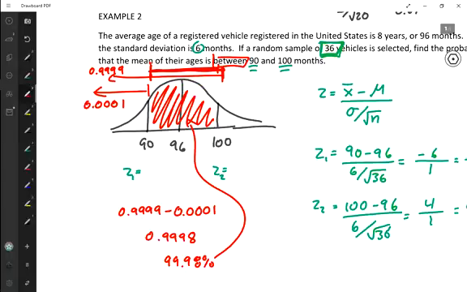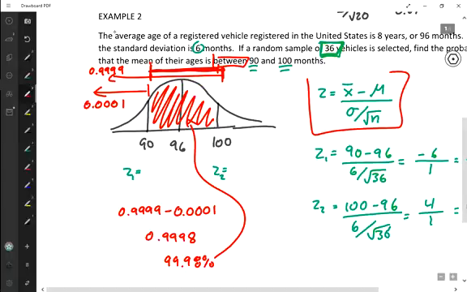So again, Chapter 6, Section 3 is about samples, not just an individual value. We have to calculate the z-score a little bit differently to account for the fact that we're selecting a sample and not just one individual.